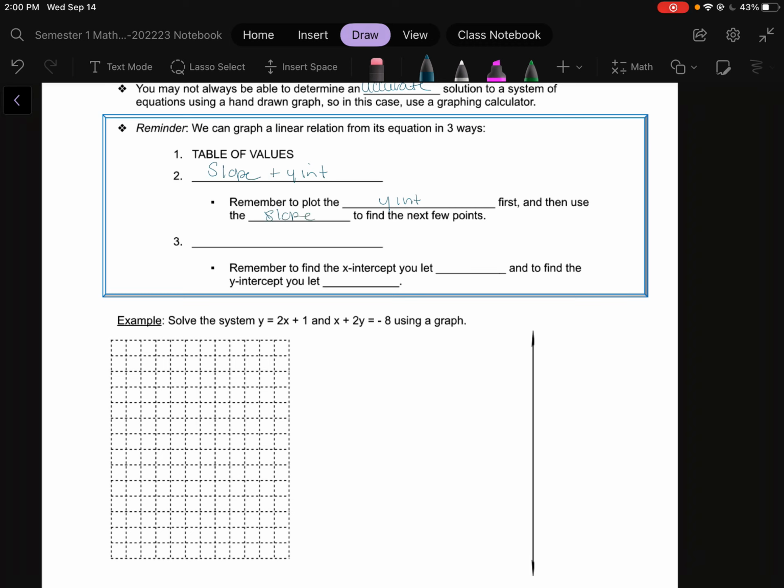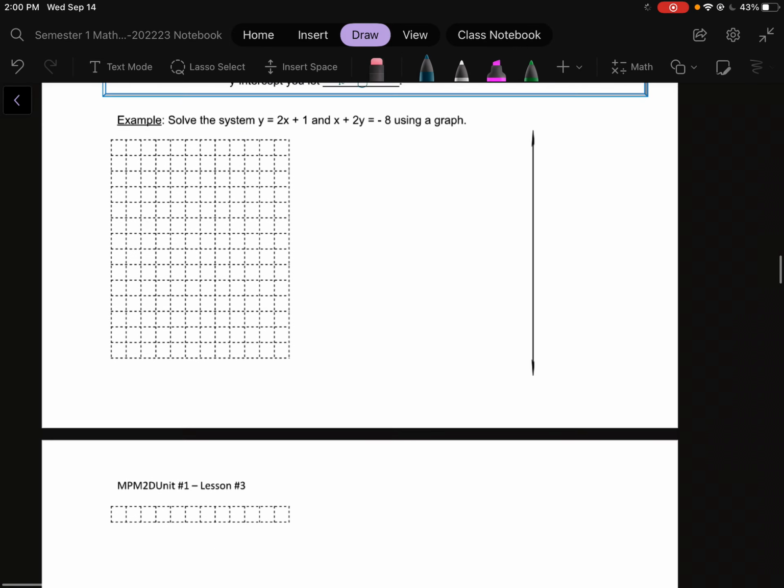Last but not least, we use the x and y intercepts. Remember that to find the x-intercept, we let y equal 0, and to find the y-intercept, we always let x equal 0. That's very important to remember.